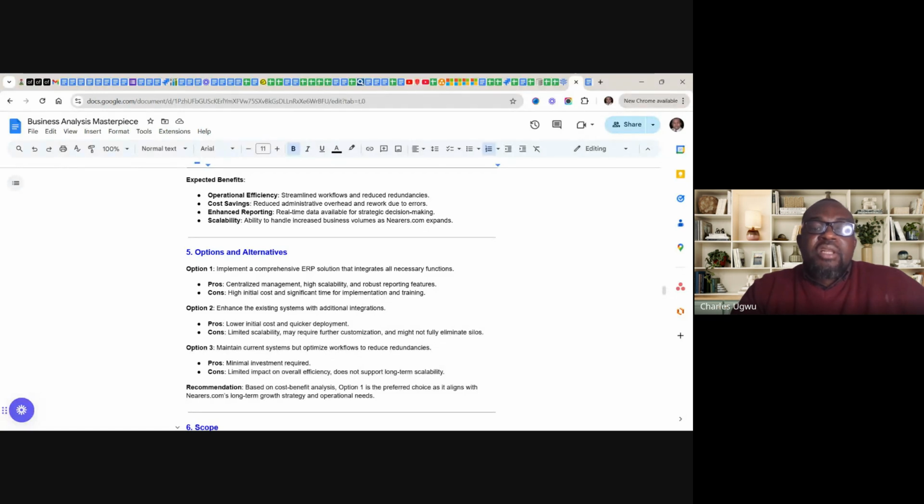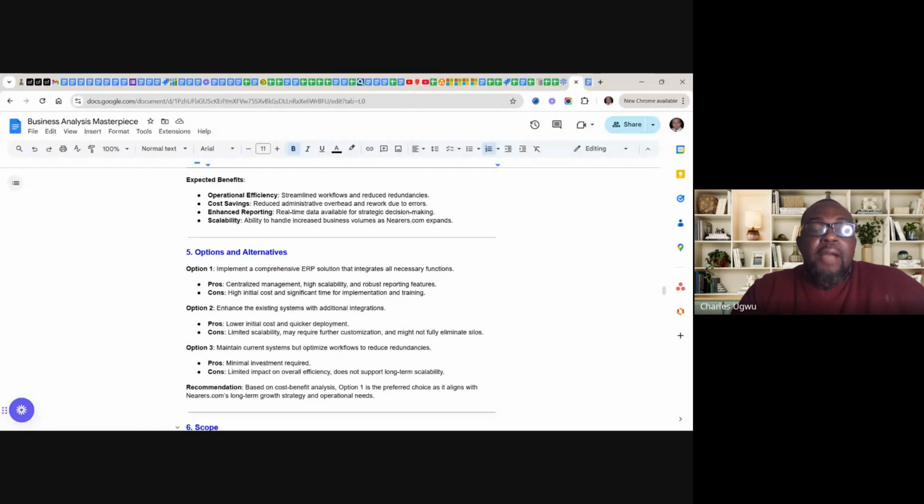The pros are centralized management, high scalability and robust reporting features. The cons are high initial cost and significant time for implementing and training.